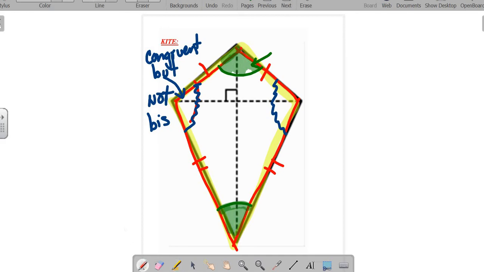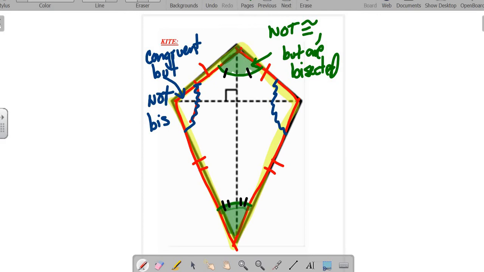These angles, they're not congruent. You have a larger and a smaller, but they are bisected. In other words, this top angle and bottom angle are bisected or cut in half.